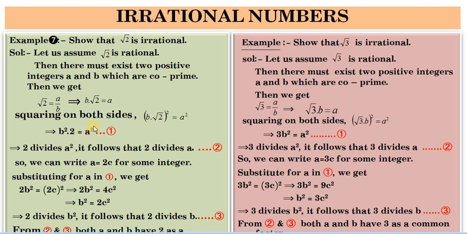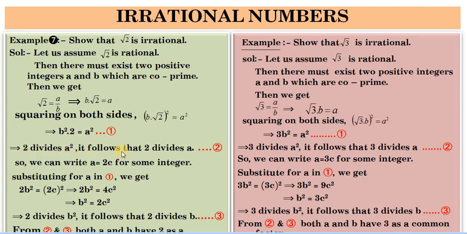So that is equal to a square. Now you mark it as 1. Now if you carefully observe this, a square is a multiple of 2. That means 2 divides a square. It follows that 2 divides a.